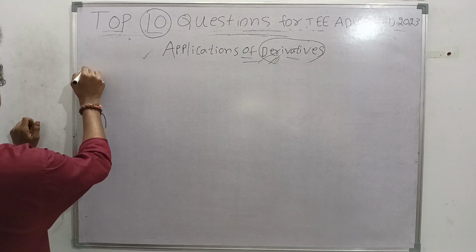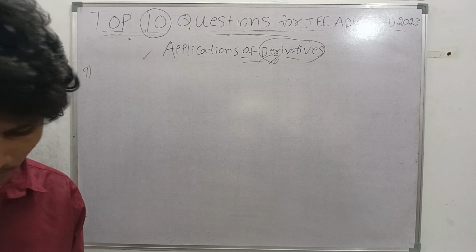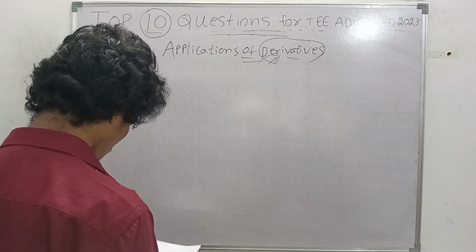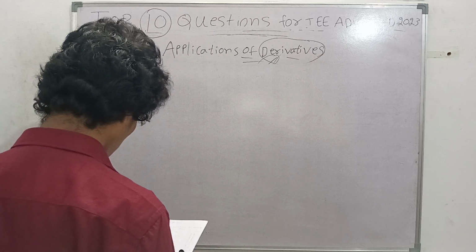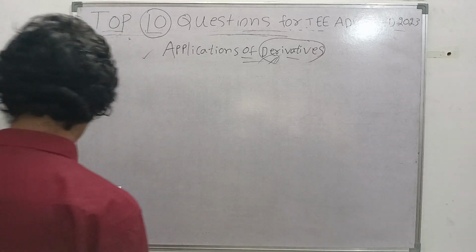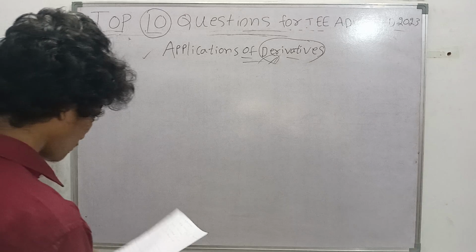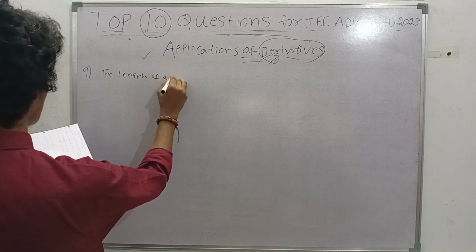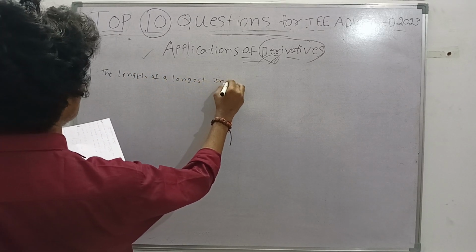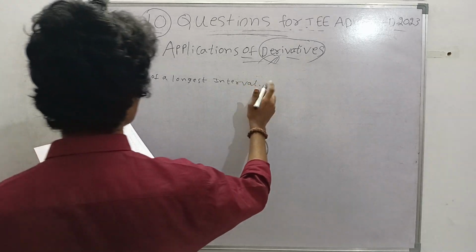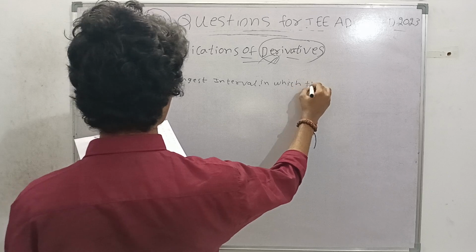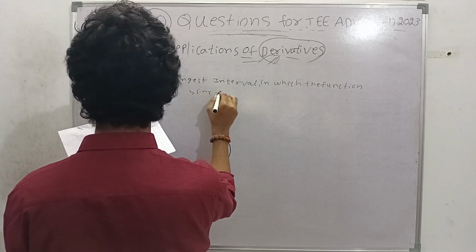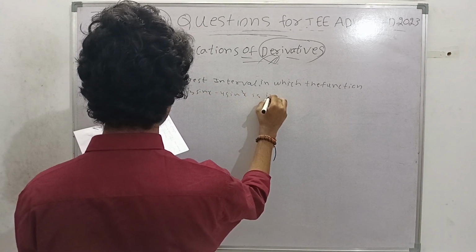Eighth question is completed. Now 9th question. The length of a longest interval in which the function 3 sin x minus 4 sin cube x is increasing.